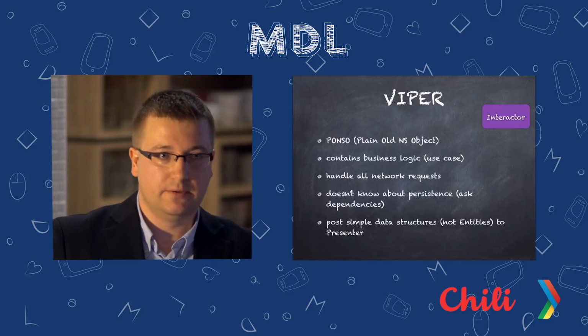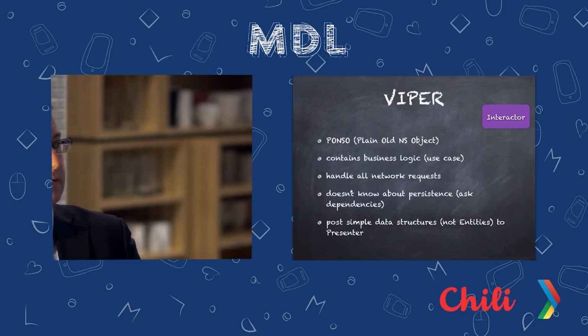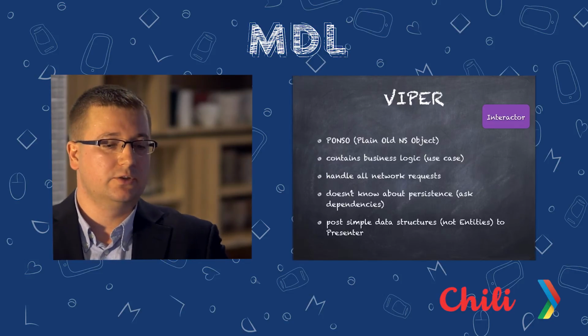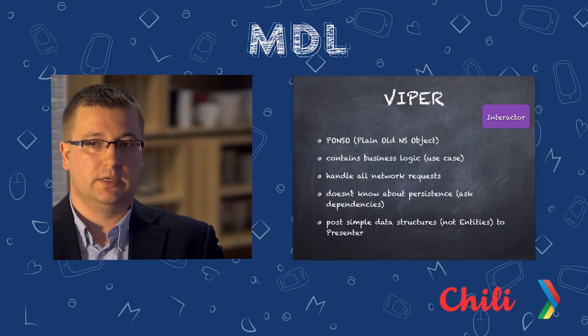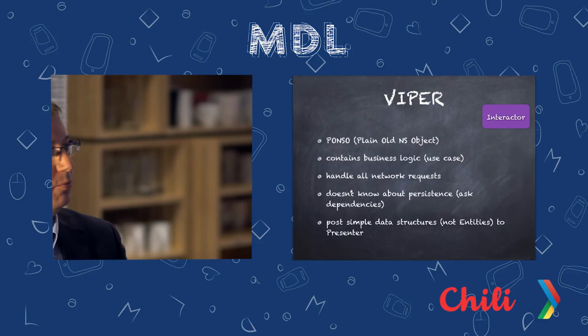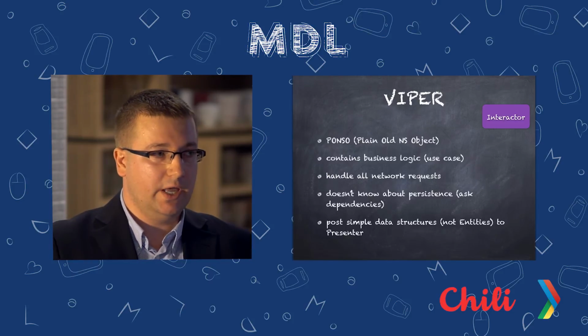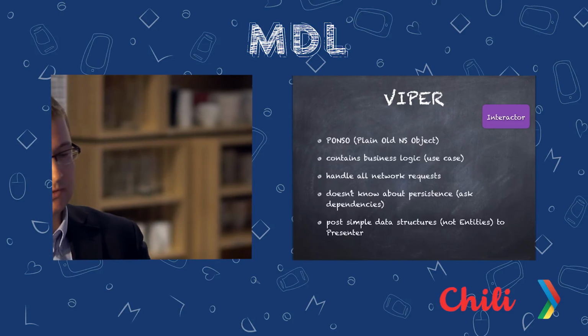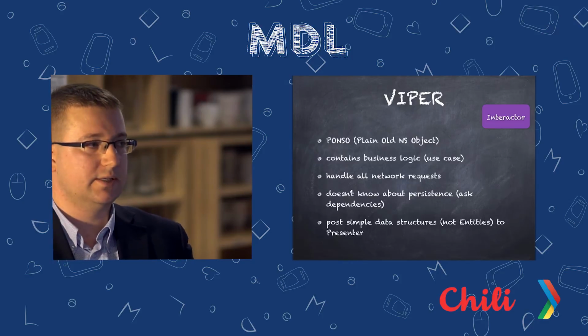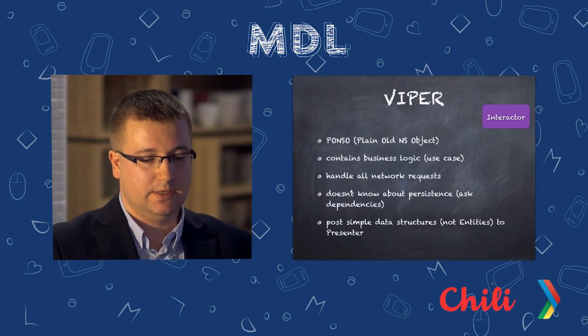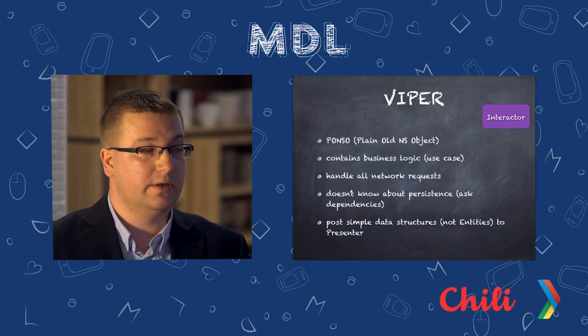Okay, the interactor. Whenever you start developing an application with a VIPER architecture, the first thing that you start with is the interactor. That's the place where you put all your business logic for all your use cases. On iOS, this is just a plain old NSObject. It has no UI imports. It knows nothing about data store.